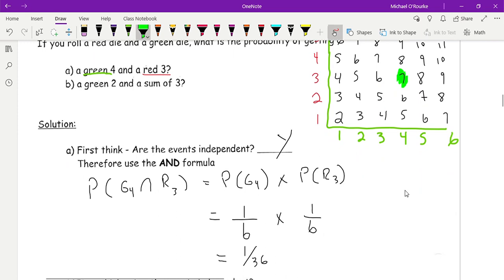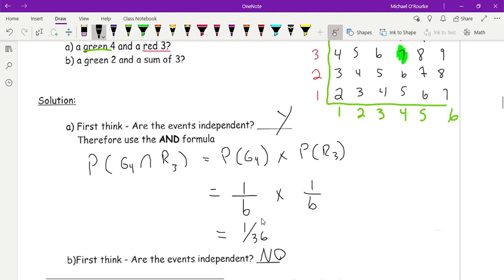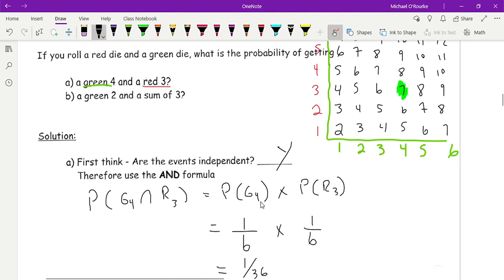Okay, so let's take a look at the second one. What's the probability of getting a green 2 and a sum of 3? Is that independent or dependent? Is that independent? No, because it depends on the other dice. A green 2 is independent, but to get a sum of 3 depends on the red.